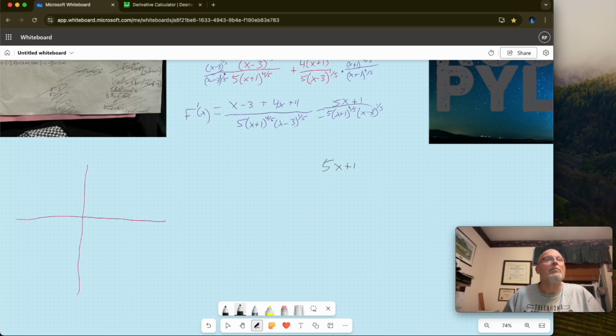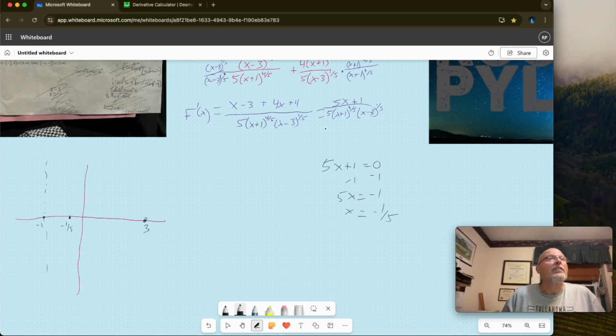So if I set 5x plus 1 equal to 0, 5x equals negative 1, x equals negative 1/5. So let's call that right about there. And at x equals negative 1, you can see that the denominator will be 0, and that's a no-no. So something will happen there. And similarly, at x equals 3, we blow up the denominator.